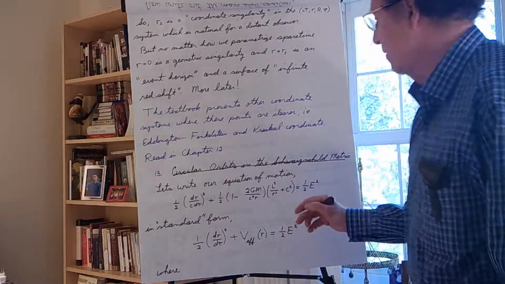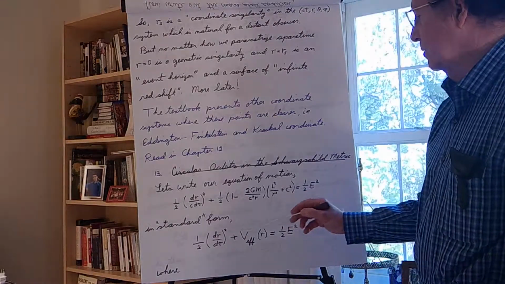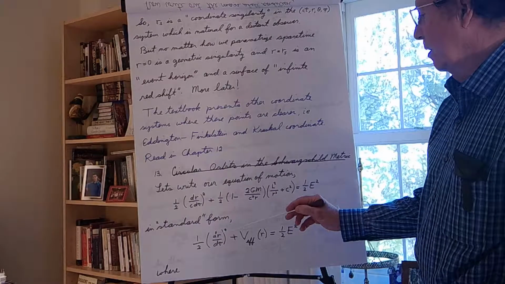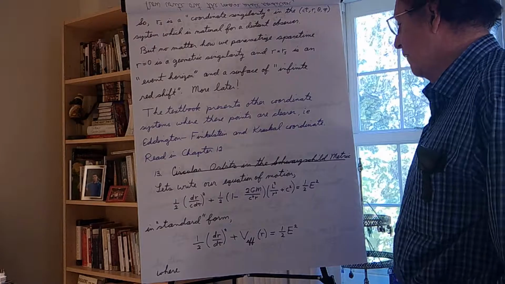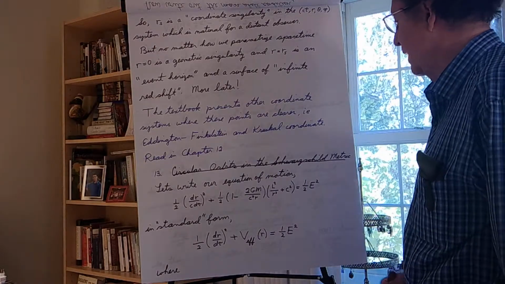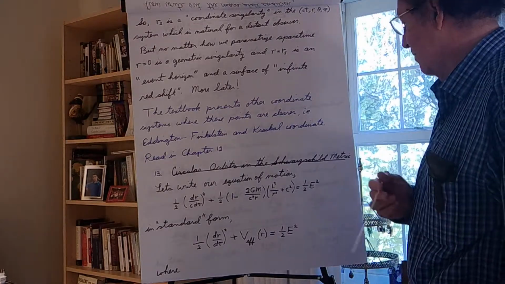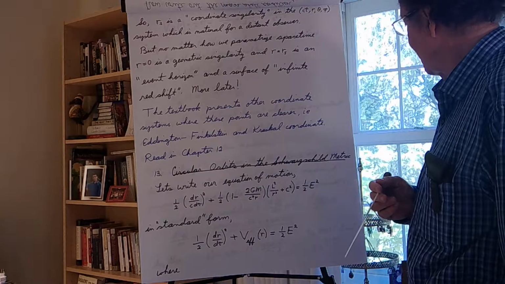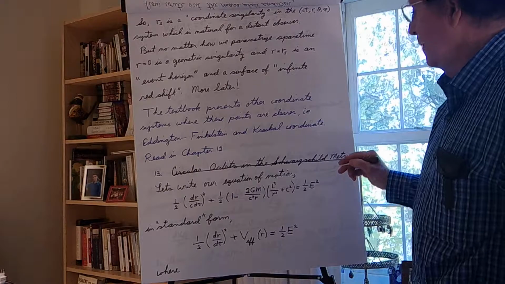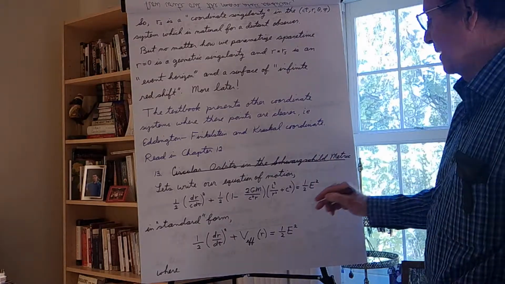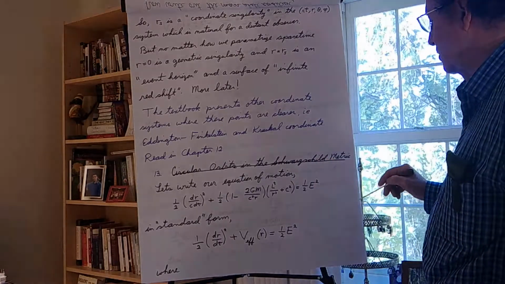I write it in standard form, so 1/2 mv squared, where the mass, of course, of the spaceship cancels out of everything here, because I'm doing gravity, and I haven't even mentioned it. I don't need to mention it. I put all of my R dependence into V effective, and that's equal to the conserved energy squared.